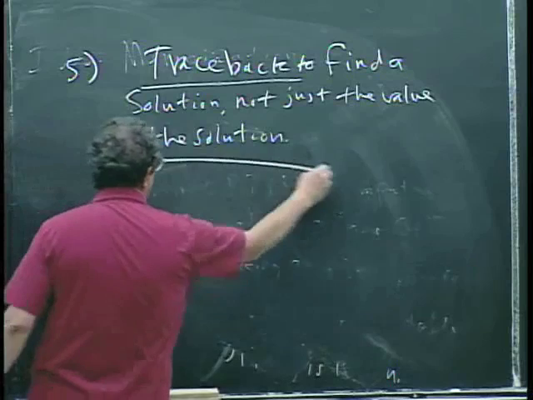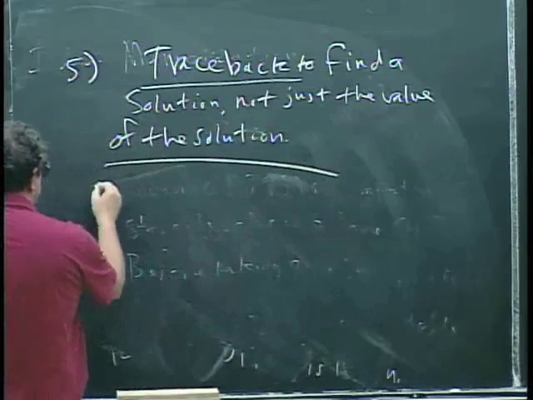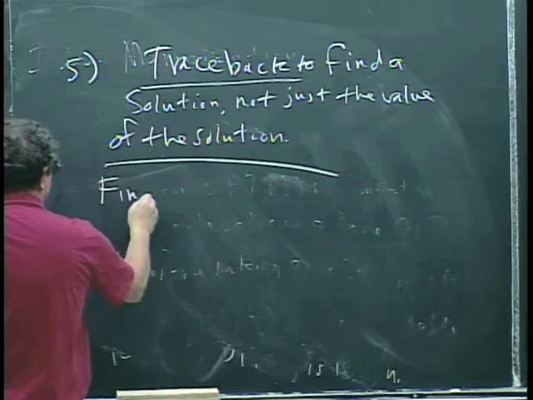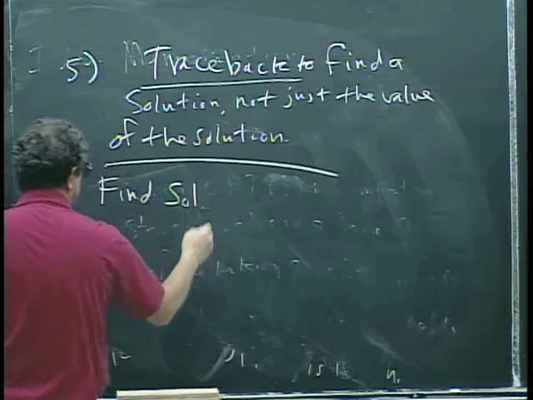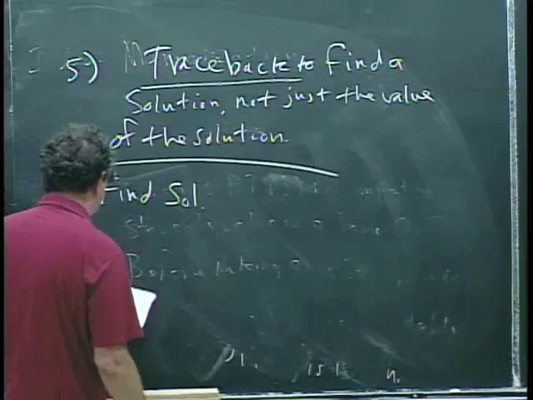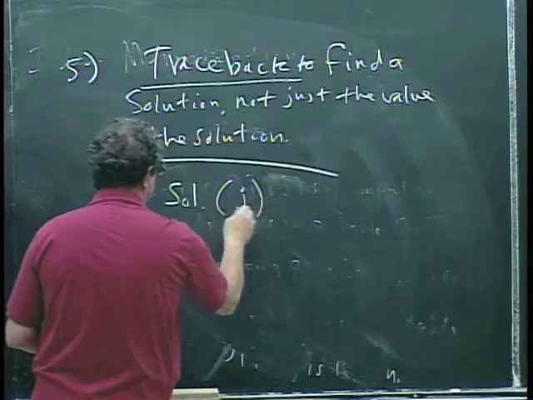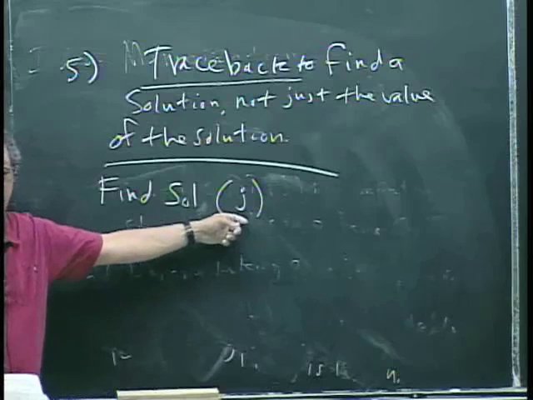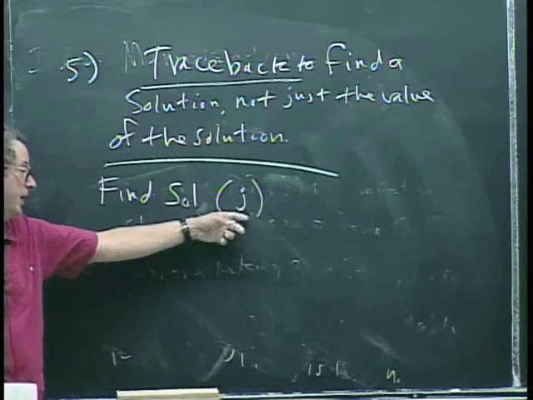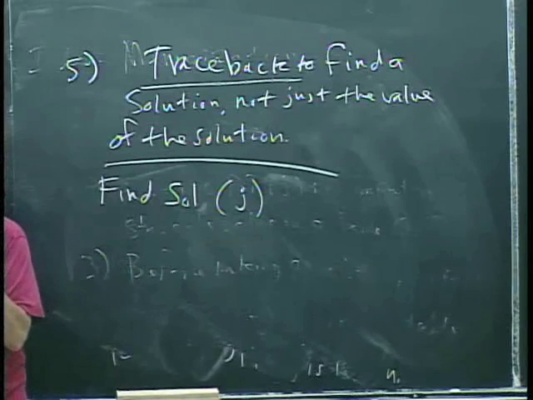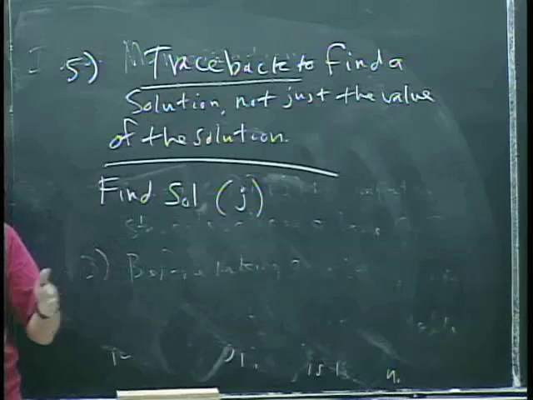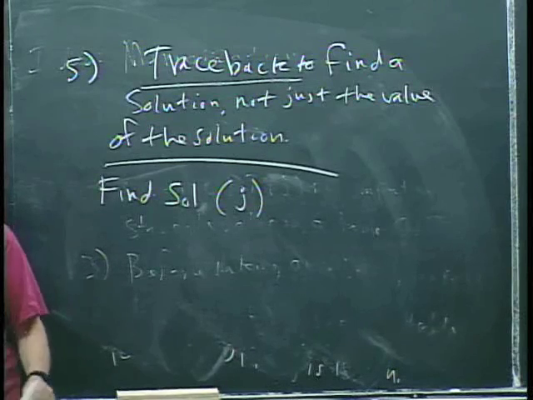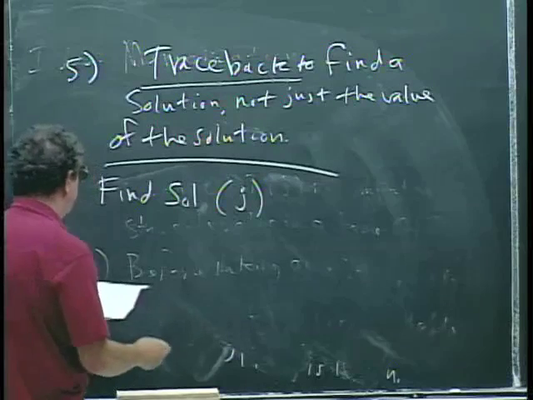So the book describes that in the following way with a function called find solution. I'll just abbreviate it as find sol of j. This is saying, again, for problems that are restricted to intervals 1 through j, what is the actual subset of intervals that maximizes the value and that are non-overlapping.